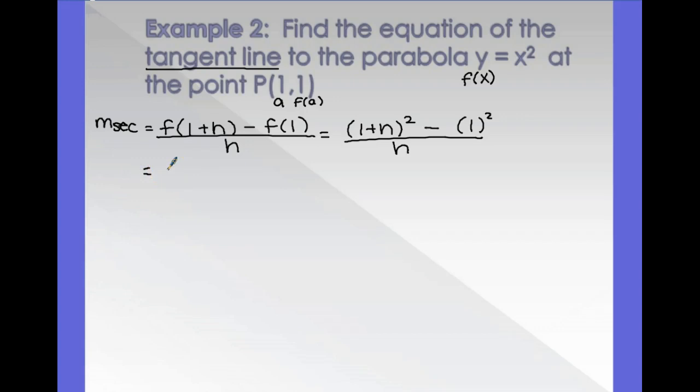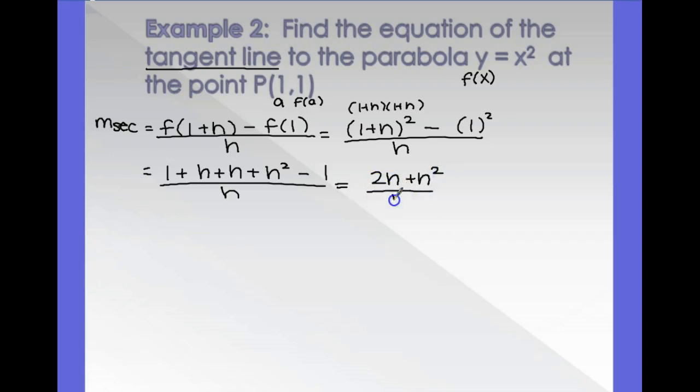So (1 plus h) squared needs to be FOILed out. First is 1, outer is h, inner is h, plus h squared. 1 squared is 1, all over h. 1 minus 1 cancel out, so you get h plus h, which is 2h, plus h squared, all over h.